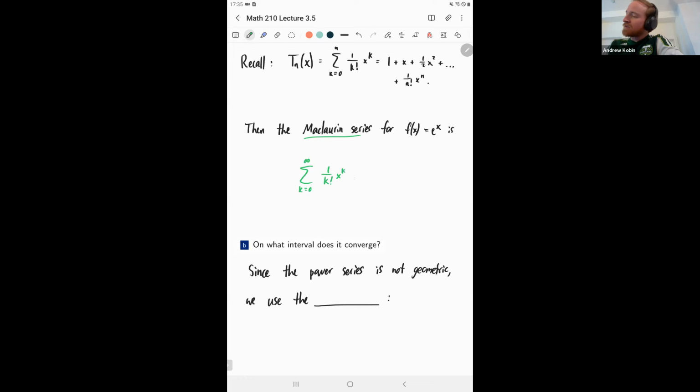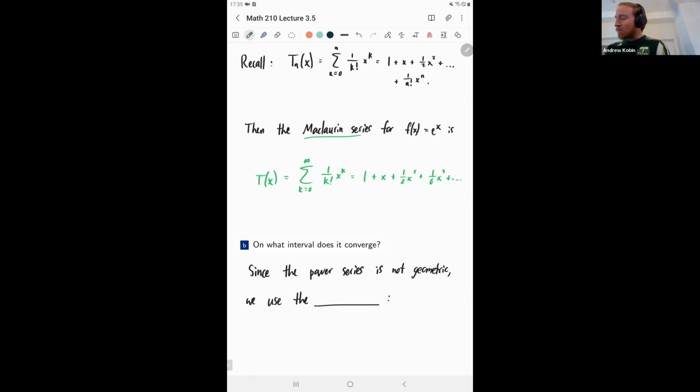Just to show you what it looks like, I already wrote out a few terms: 1 plus x plus 1/2 x squared. The next one, by the way, is 1/6 x cubed, and then the denominators keep getting larger from there. They're just the factorial sequence, and then the powers of x get larger. So this is a function in its power series. Maybe for the moment, we'll call this t of x.